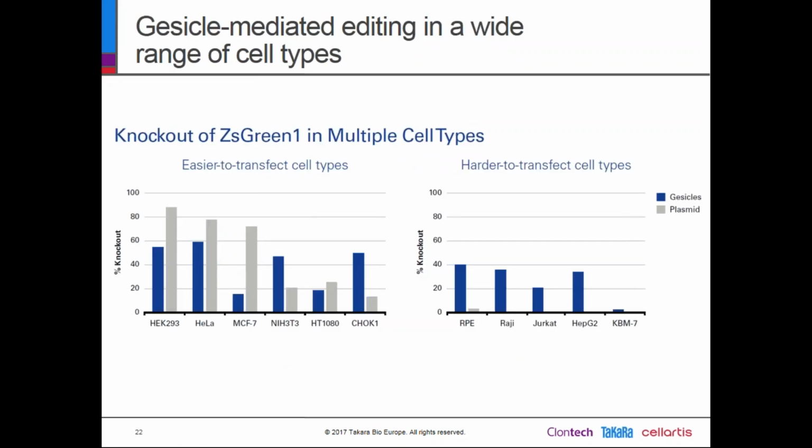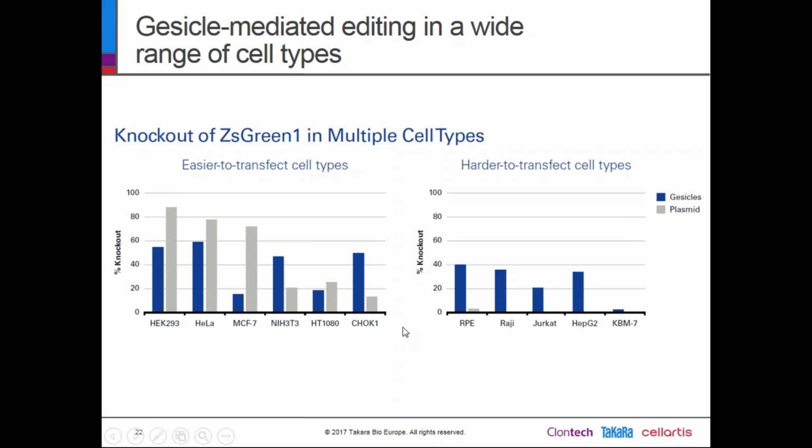So I would like to show you some data in different cell lines about the efficiency of jasicle-mediated gene editing. Here we try to knock out a ZsGreen cassette in various cell lines and compared side by side to plasmid delivery. On the left you have easy to transfect cell types, and on the right hard to transfect cell types.